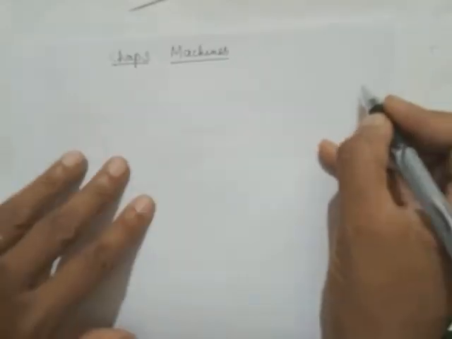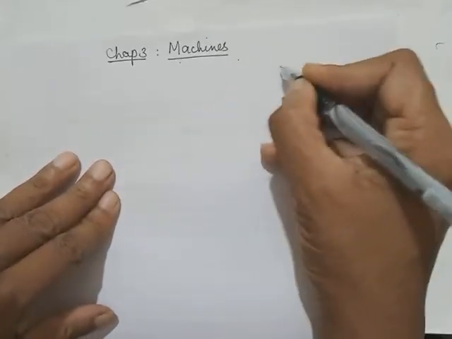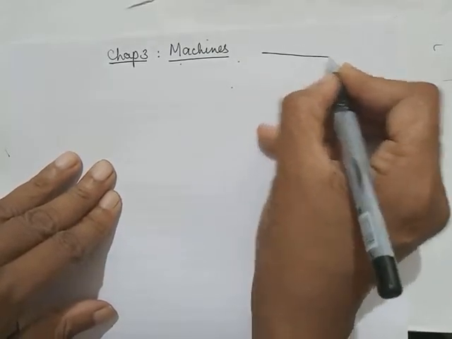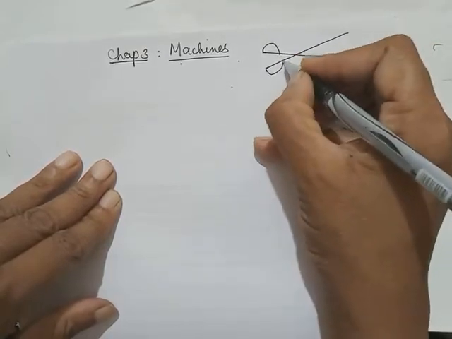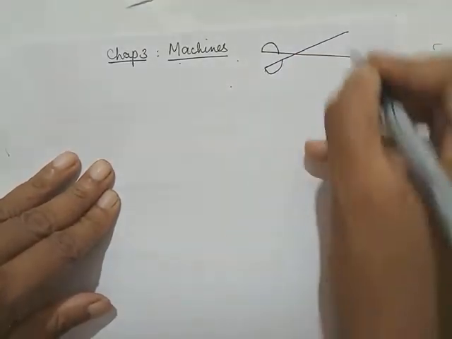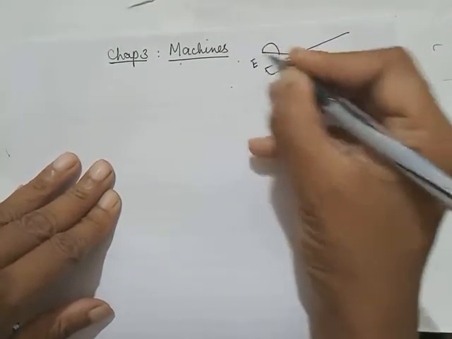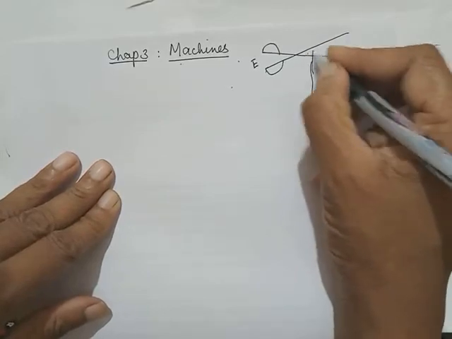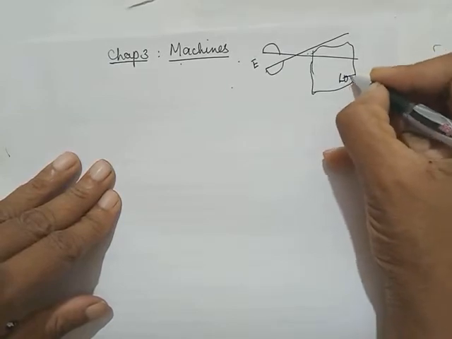So in machines, what are the important terms? Load, effort, mechanical advantage, velocity ratio, and all that. Now take a simple example of a scissor. First you saw the 4 uses of machines. I'm just doing only the important ones. So this is effort. If you're taking a scissor, then if this is the paper which is cut, that is the load.